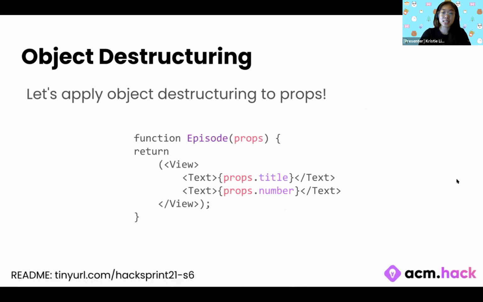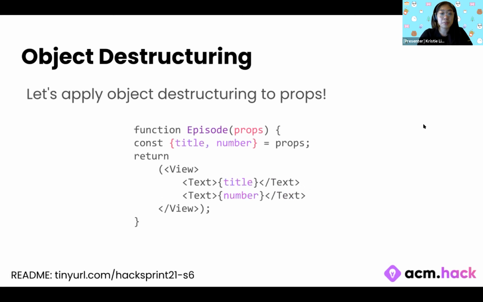And a way that we're going to see this a lot today is through props. So this is an example component called episode, and it has two props, title and number. This is the way that we've been writing it so far, where we have this props argument, and then we access the props saying props.title and props.number.